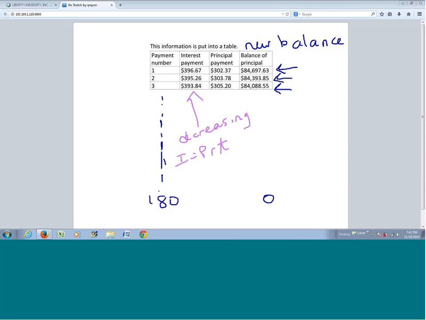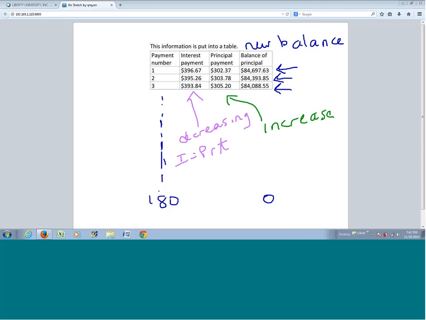So since the principal keeps decreasing, the interest is decreasing. And so notice how then this principal payment column is increasing, because less of your money is going toward interest, so more of it can go toward the principal payment.